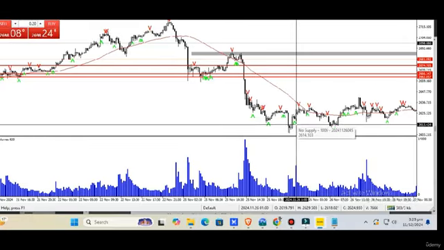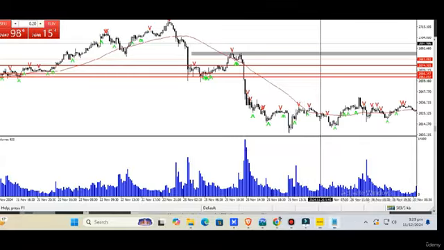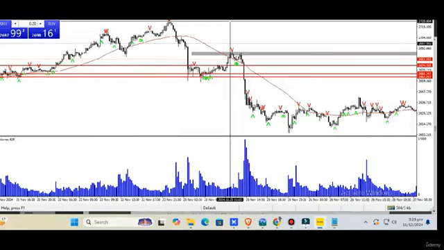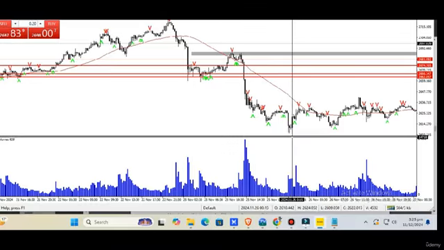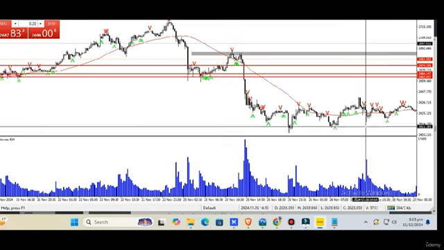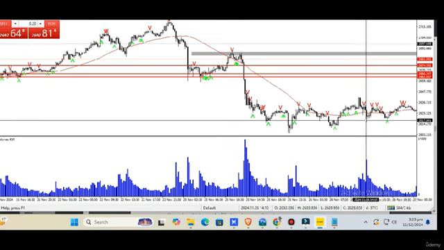Very high volume with the up bar. Yes, high volume on the up candle. Okay, we will not consider it. I have already explained this in my previous lectures, you must watch that and consider that.